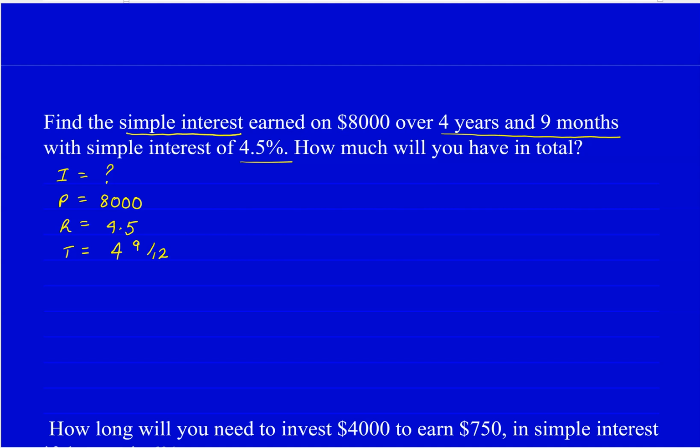Because we're finding I, we look up our formulas, and the one that has I by itself is PRT over 100, and we simply substitute all of our information in. So we've got 8,000 times your rate, which is 4.5, times 4 and 9/12, over 100.